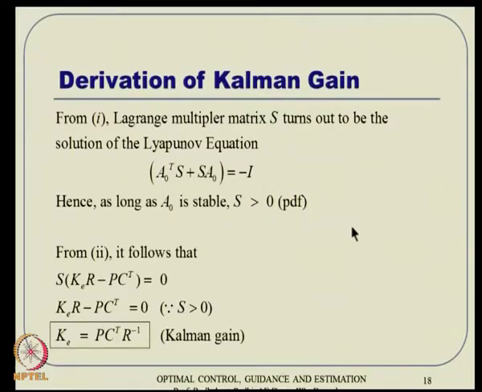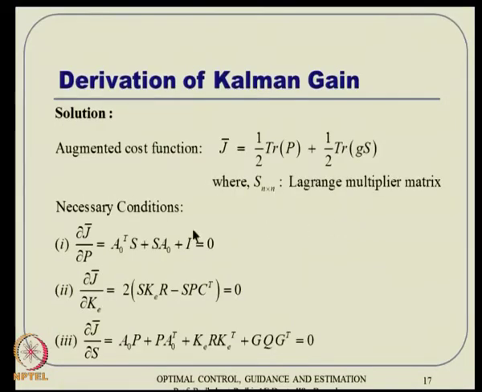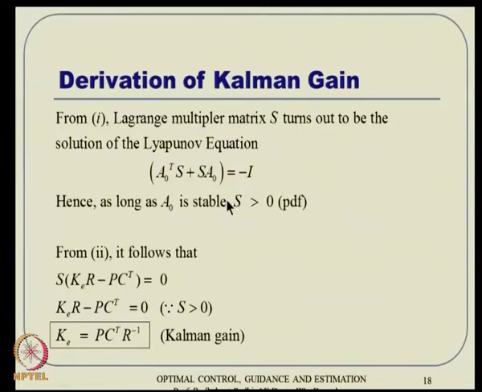So from equation 1, if you do this, then this equation can be written something like this, and this is nothing but a Lyapunov equation. Hence, as long as A naught is stable, S is guaranteed to be positive definite. A naught is the system dynamics matrix for that particular Lyapunov equation.